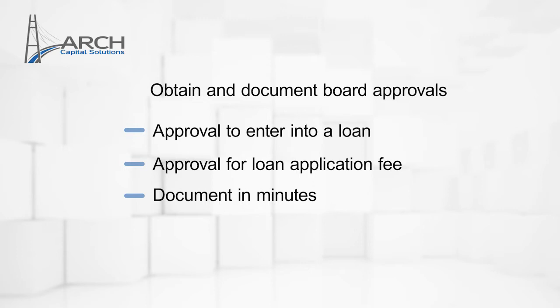Or do you need to go to the community for approval? Do you have the authority to pass and levy a special assessment? How is it going to be paid for? What are you going to do, and what are you going to implement? And this whole process needs to be documented in minutes. So each step you take, you want to document in minutes, so everything has a record of what the board is doing.